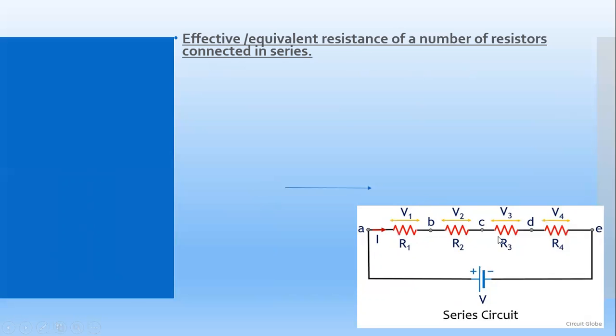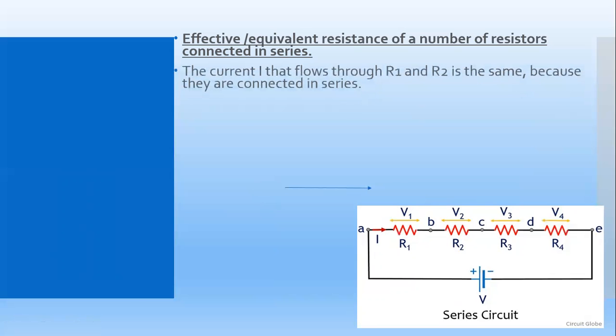Here we are using four resistors connected in series, so derive the formula to find the effective or total resistance of the circuit. The current I that flows through R1 and R2 is the same because they are connected in series. I1 is equal to I2 and is equal to I. Since V is equal to IR according to Ohm's law, V1 is equal to IR1 and V2 is equal to IR2.